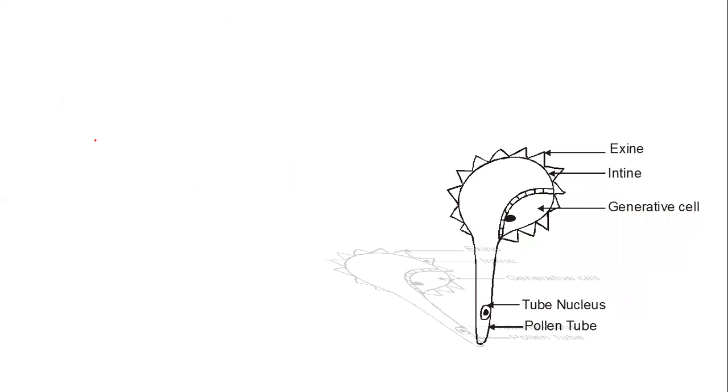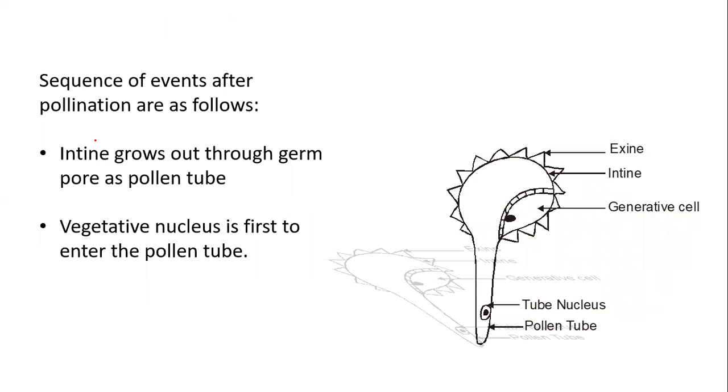Now you see the sequence of events that occur after pollination. Here, the intine grows out through the germ pore, because you know very well there is an intine and exine over there.